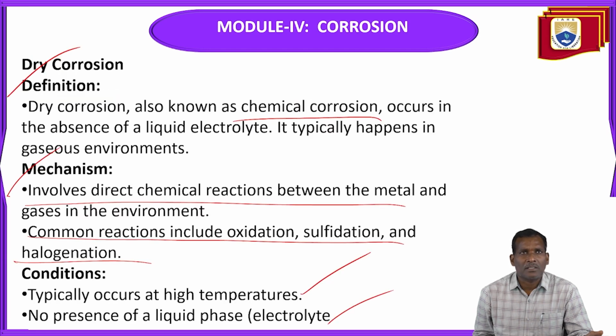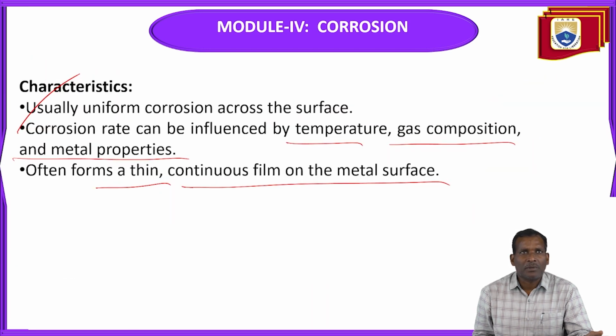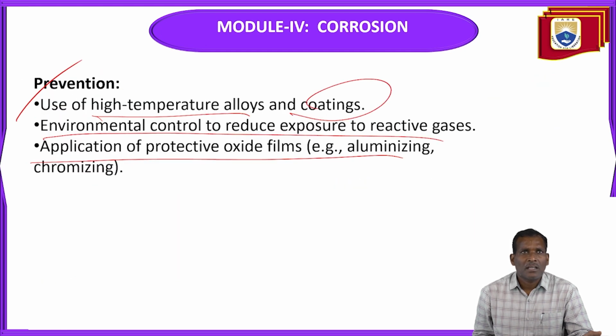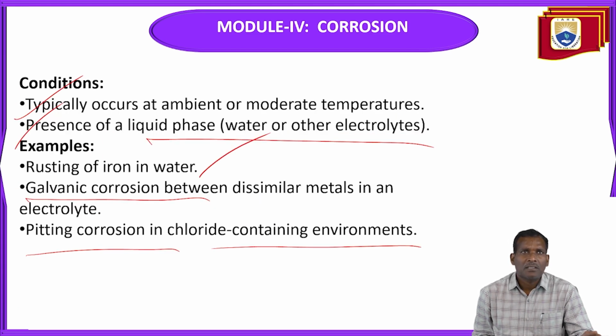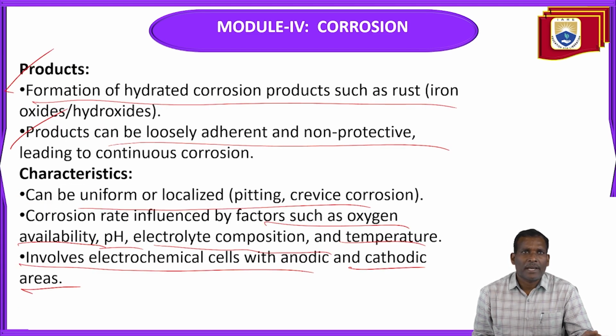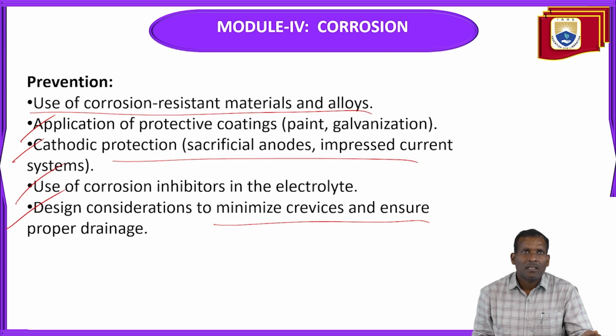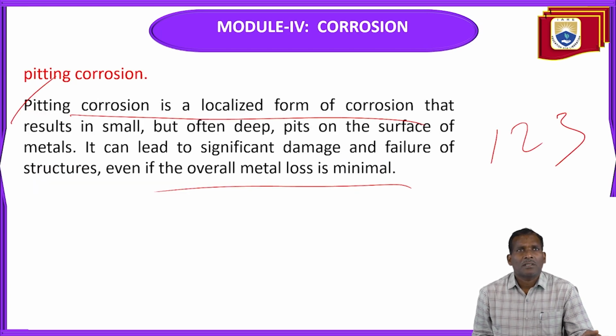For dry corrosion, we learned the definition and mechanism, and similarly examples, characteristics and prevention methods. Similarly for wet corrosion: definition, mechanism, conditions, products, characteristics, and prevention methods. The prevention methods we have also studied, and pitting corrosion.